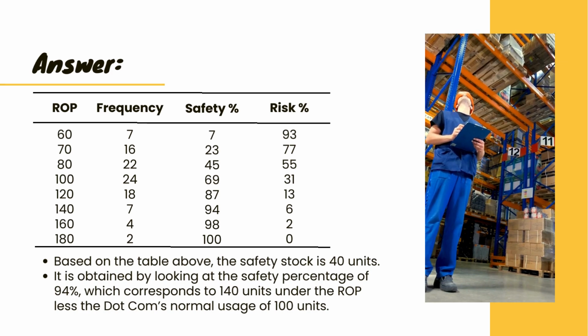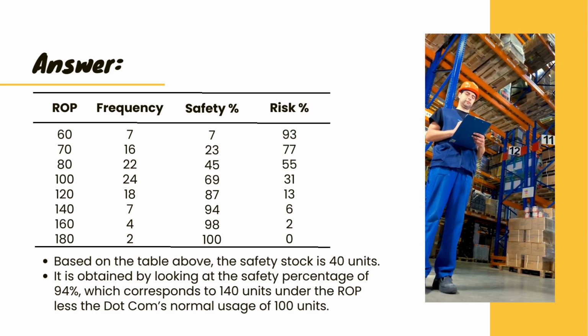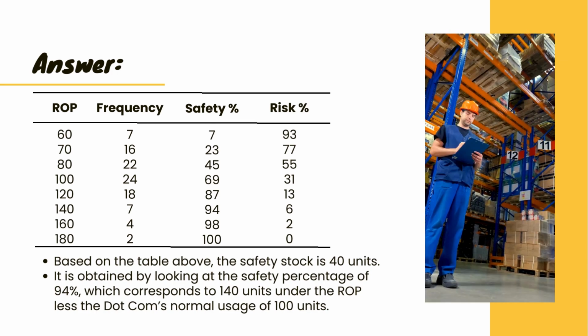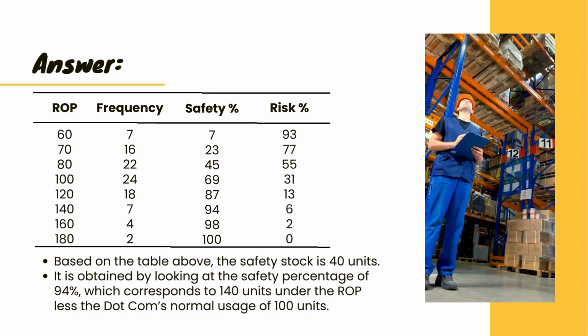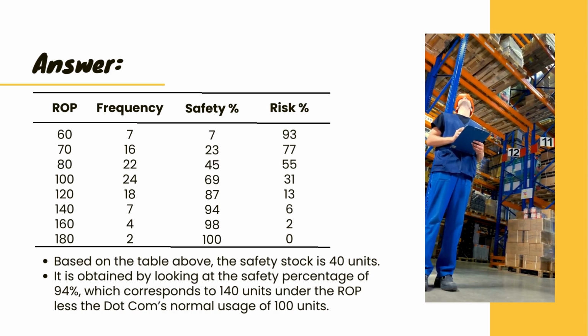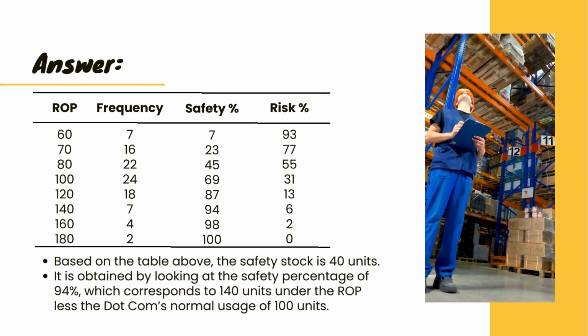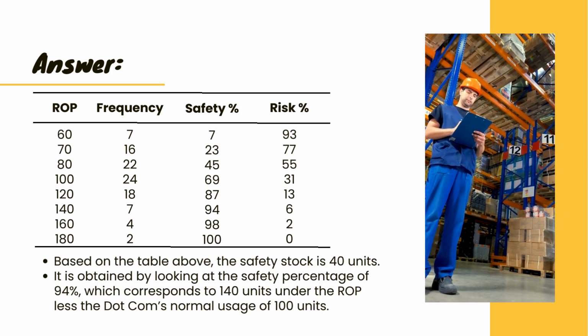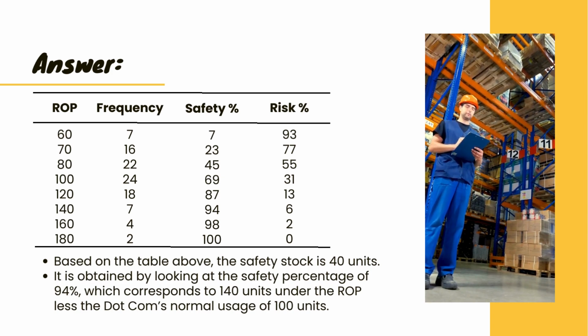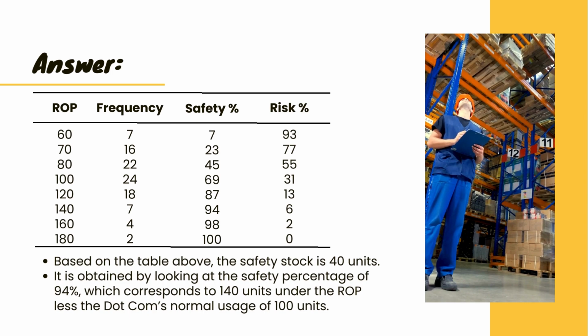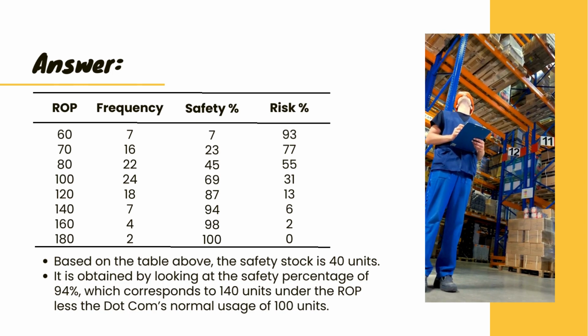Based dito sa table na nakompleto natin, ang safety stock or yung answer na hinahanap natin is 40 units. Paano ito nakuha or na-obtain? Titignan natin itong table, tapos hanapin natin yung safety percent na hinahanap, which is 94%. So, mula doon, makikita natin na yung reorder point ay 140 units.